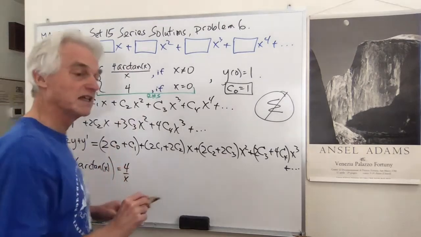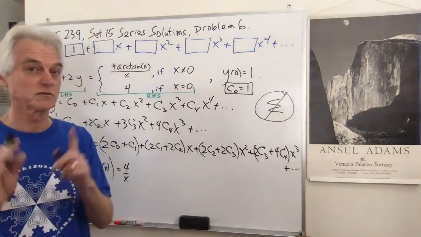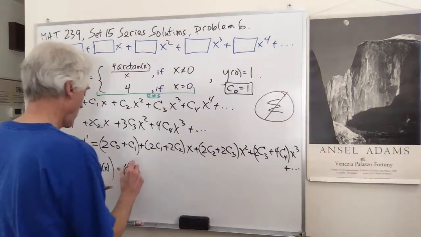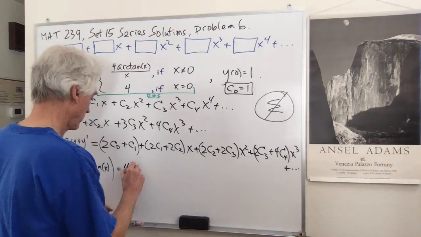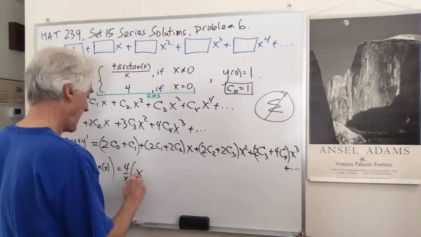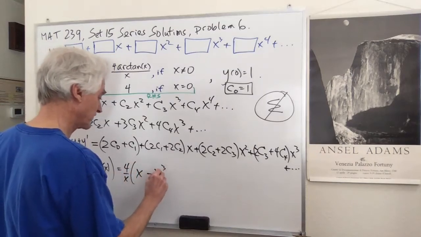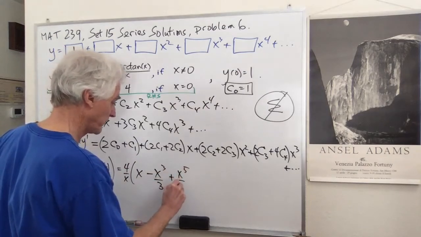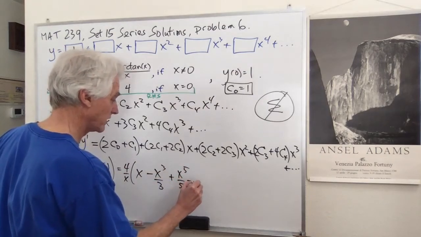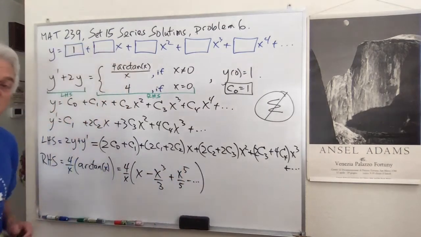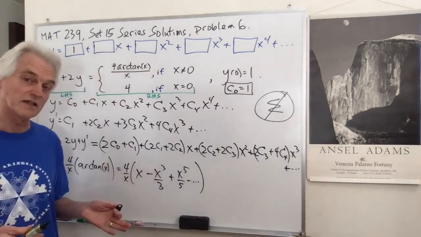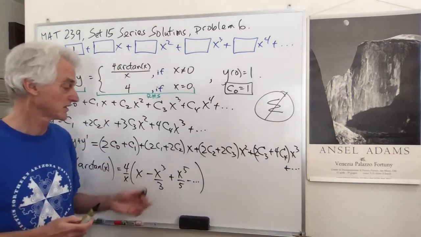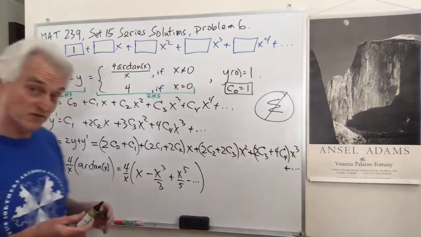We're going to fill in the known series for arctangent, which you can look up if you don't know it. It is x minus x cubed over 3 plus x fifth over 5 minus dot dot dot. It's alternating, and it's a lot like the series for sine, except it doesn't have 3 factorial and 5 factorial, so it just has 3 and 5.